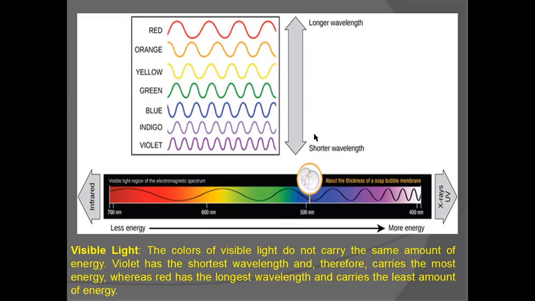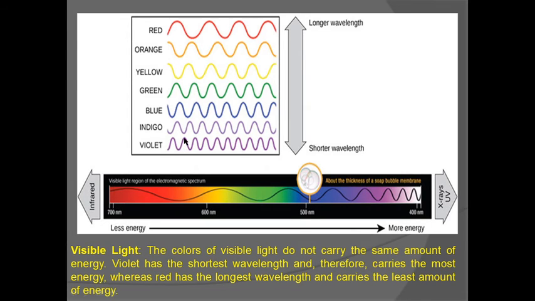Students, look at this picture. These are the various colors present in visible light. Red has the greater wavelength, which means it carries less energy. Then orange, yellow, green, blue, indigo and violet.